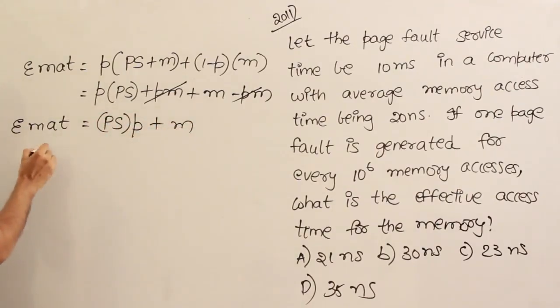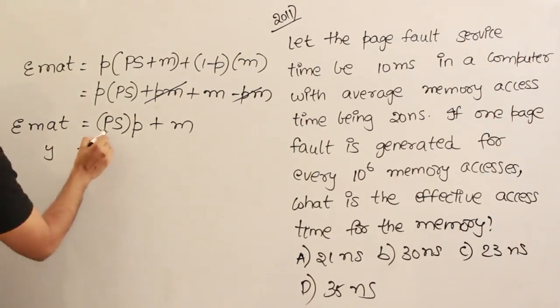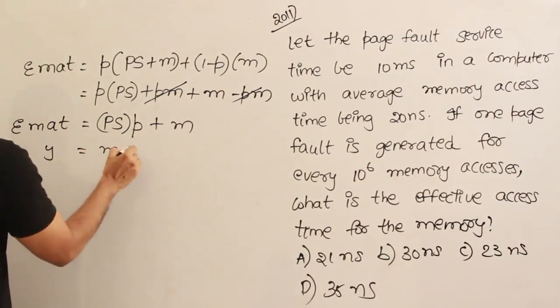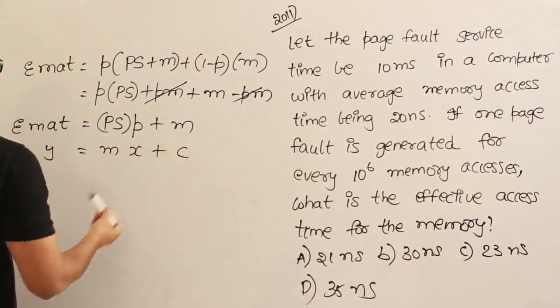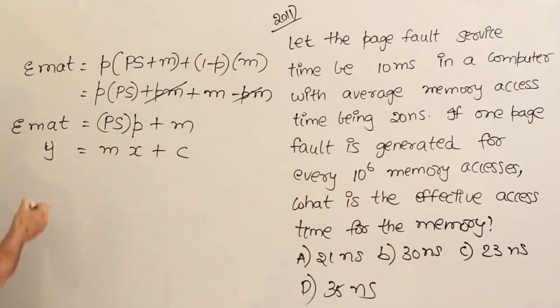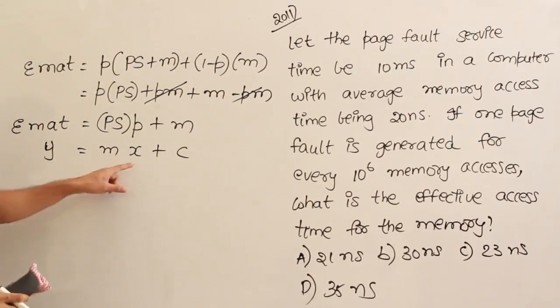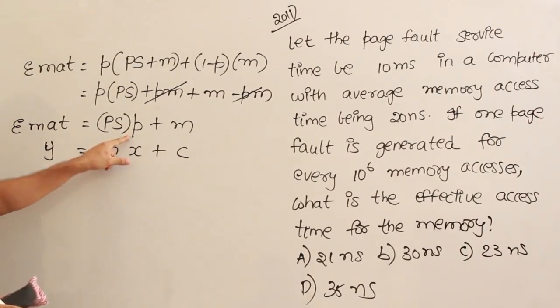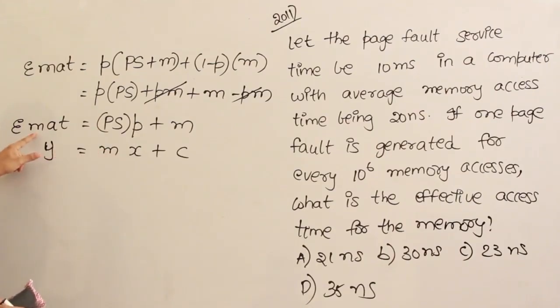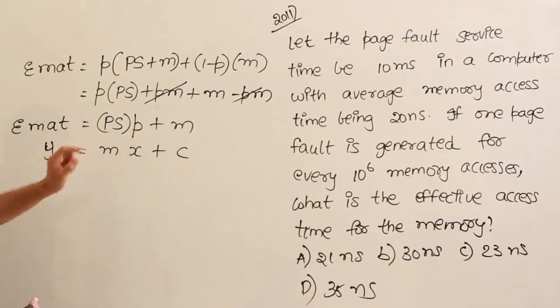So this is the y equals mx plus c form. Now if I draw the graph with the x value being the page fault rate and the y value being the effective memory access time, the relationship between these two is directly proportional, which means as the page fault rate increases, effective memory access time is going to increase.